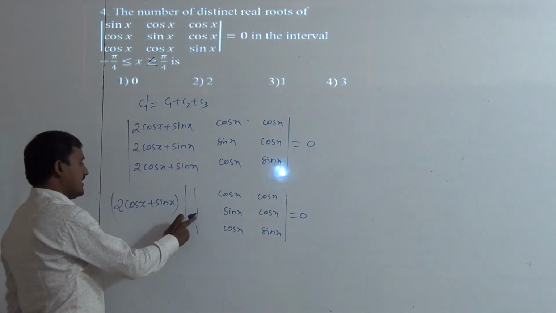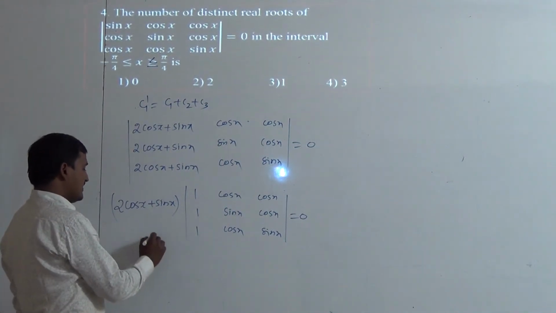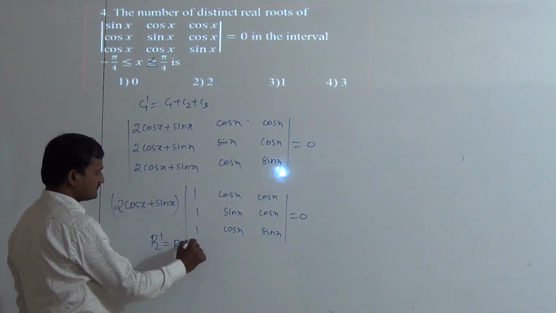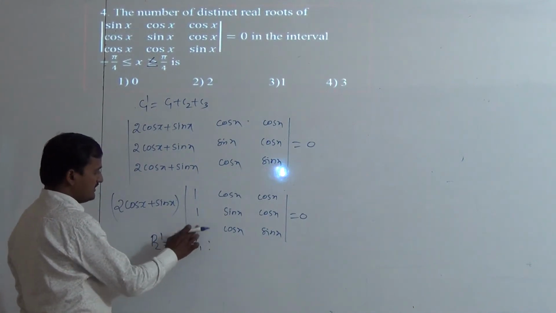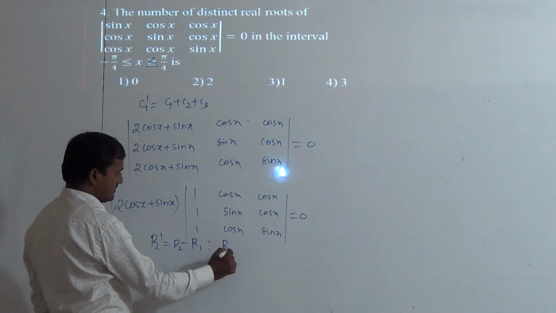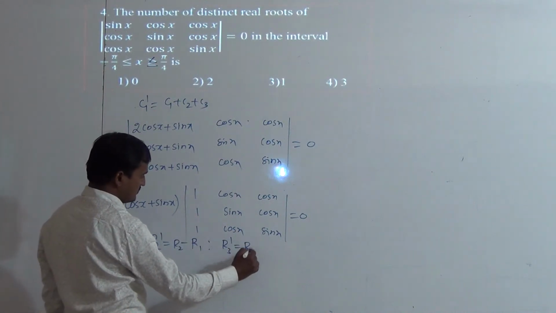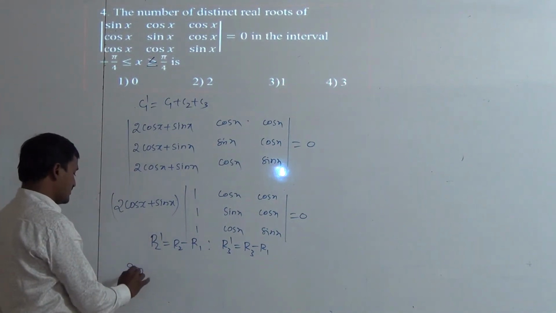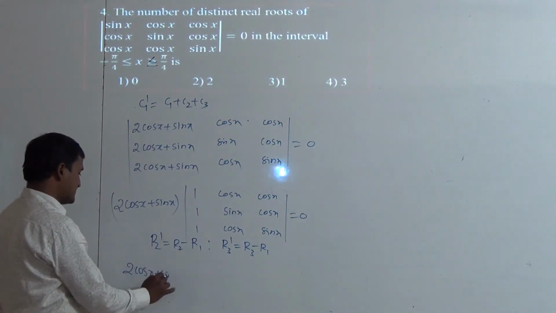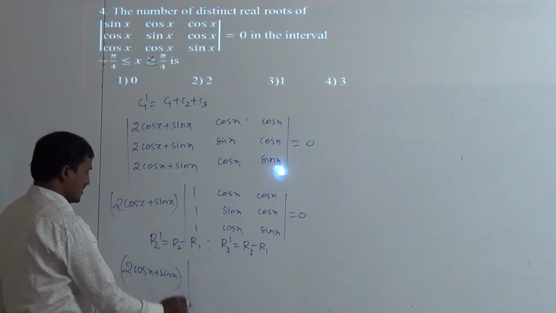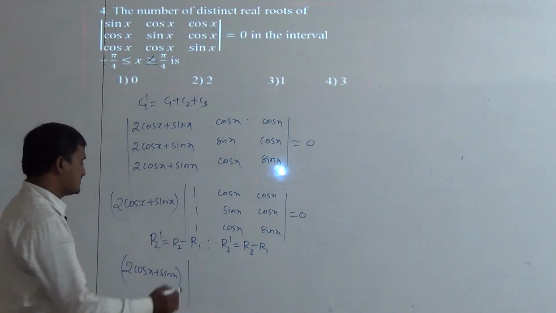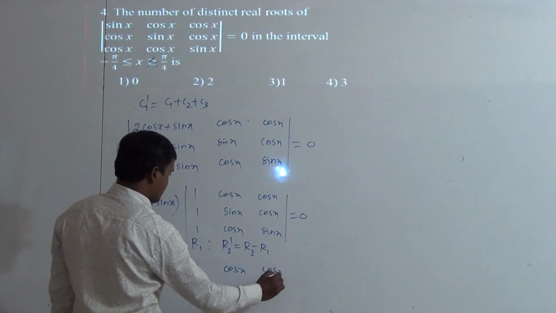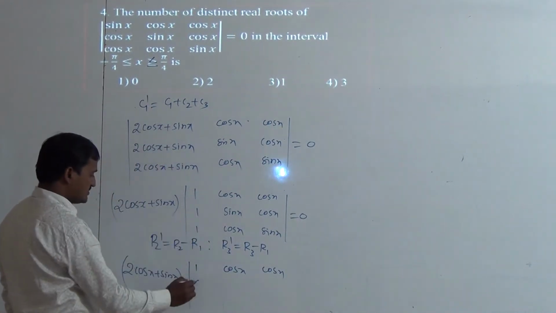Right? Now I will make this element 0 by applying R2 dash equal to R2 minus R1, and again I will make this element also 0 by applying the operation R3 dash equal to R3 minus R1. So for this here I should write cos x plus sin x as it is, right? So again I have to write the first row as it is. So that is 1 cos x, and here it is 1 minus 1 means 0.